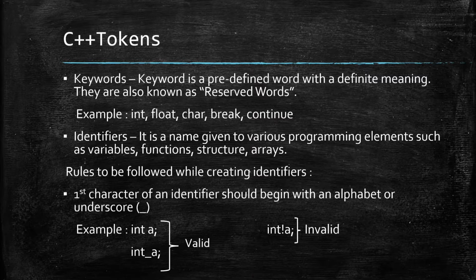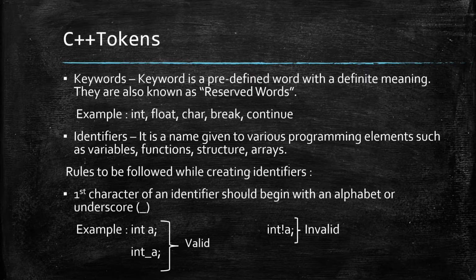Suppose on the right hand side you can see int exclamation mark a, I've used an exclamation mark there. Int exclamation mark a, semicolon. So that is not valid. That is not an identifier because the exclamation mark should not be used as the first character of an identifier.